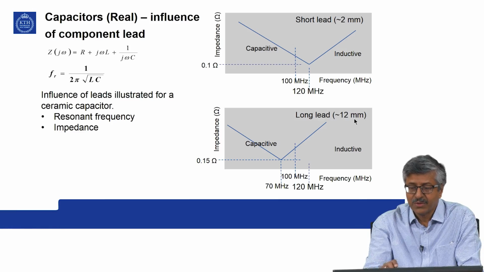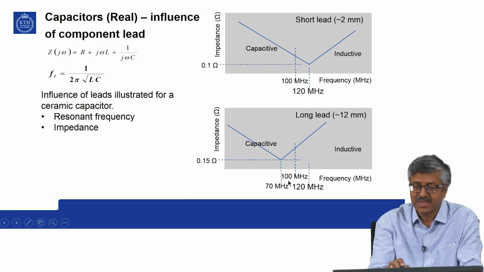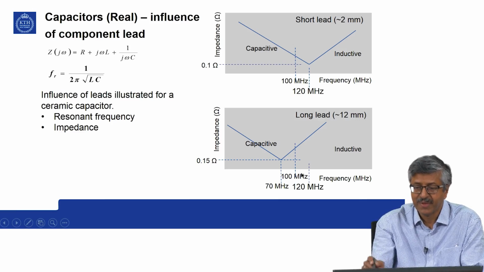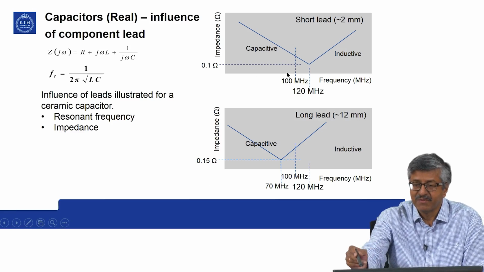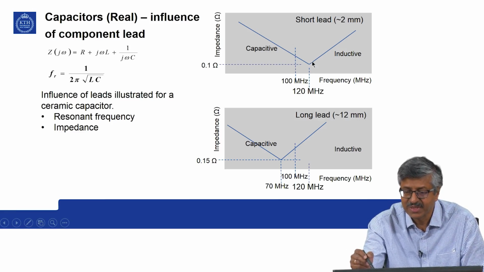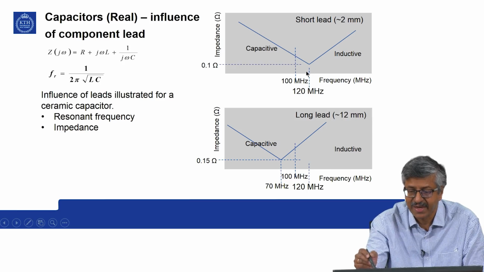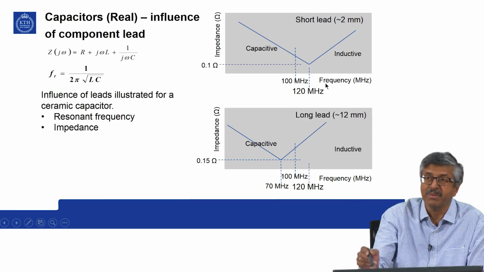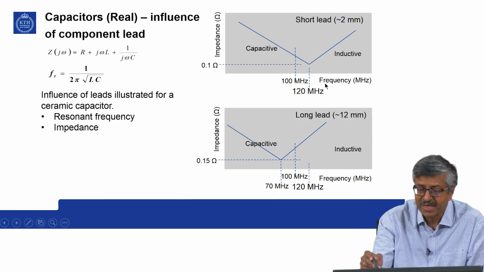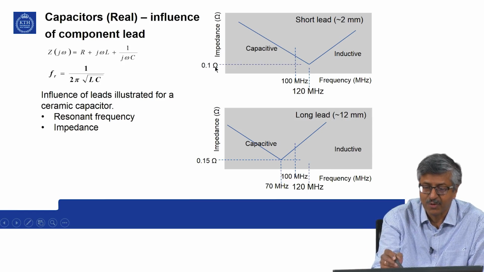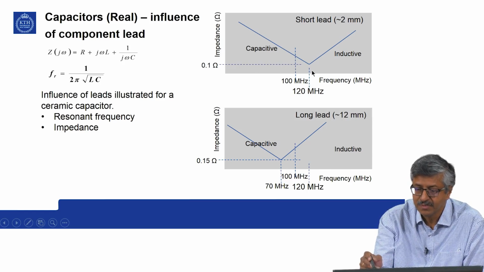Then you compare the impedance as a function of frequency. Then you can see that with the short lead, the resonance frequency in this particular case may be at around 120 megahertz, and at that time it may have a resistance of 0.1 ohms. So, you can operate easily at 100 megahertz without any problem.